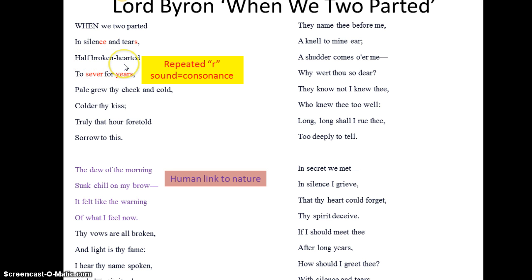Half broken hearted to sever for years. Again, we have a repeated S sound and an R sound in this case. The repeated R sound is called consonance. Notice that it doesn't come at the beginning. If it was at the beginning, it would be alliteration. The R sound is a harsh sound, cacophonous or harsh sounding, so again, it emphasizes the tone and the meaning that this is a negative element.